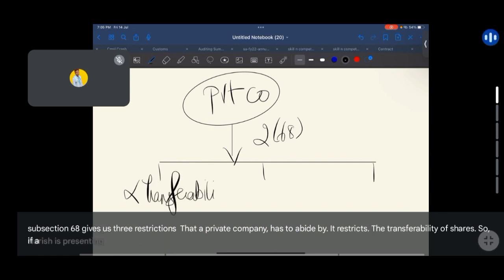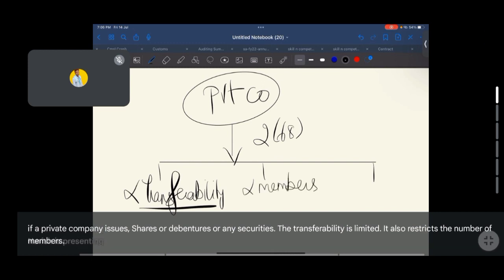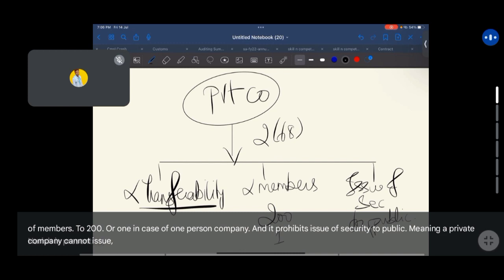So if a private company issues shares or debentures or any securities, the transferability is limited. It also restricts the number of members to 200, or 1 in case of one-person company. And it prohibits issue of securities to public. Meaning a private company cannot issue securities to public.